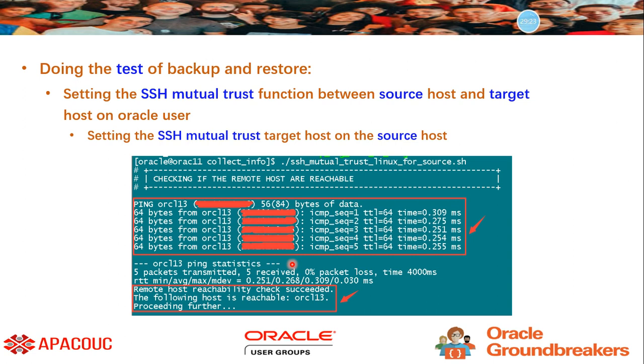Firstly, I run this shell script named ssh source.sh on the source host to establish the SSH mutual trust with the target host. You can see from my screen, ping of the remote host is reachable because you have seen the spent time returned back to the local host.